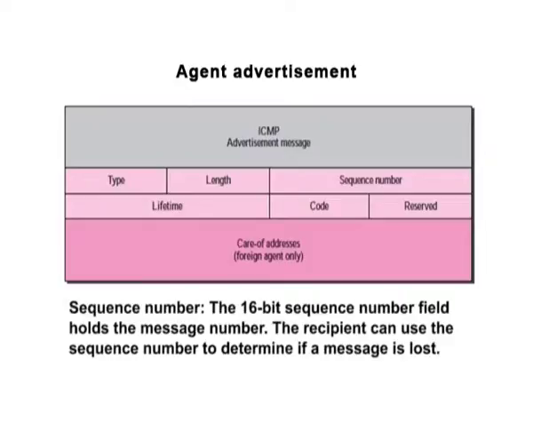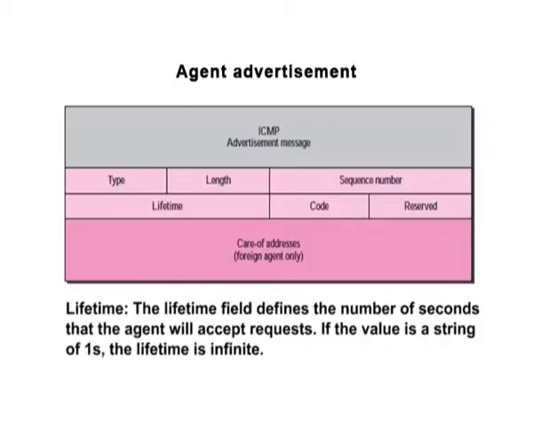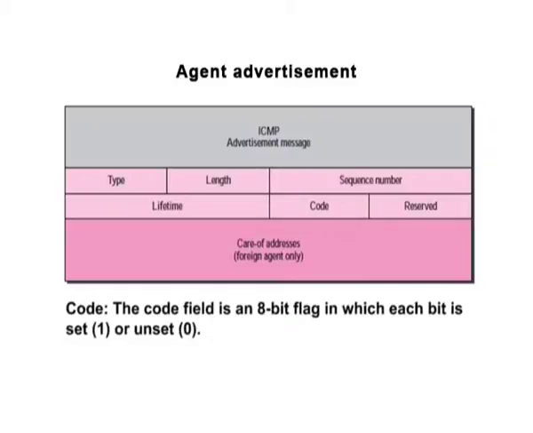The recipient can use the sequence number to determine if a message is lost. Lifetime. The lifetime field defines the number of seconds that the agent will accept requests. If the value is a string of ones, the lifetime is infinite. Code. The code field is an 8-bit flag in which each bit is set to 1 or unset to 0.